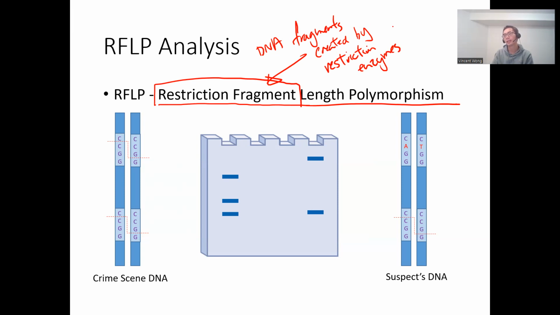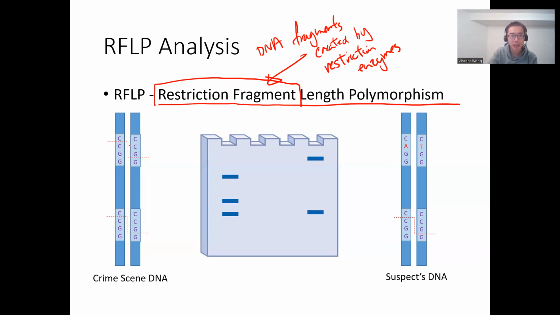Okay. So let's say at the crime scene, some DNA was recovered, and let's say the DNA has 2 palindromic sequences here. Okay, CCGG, CCGG.